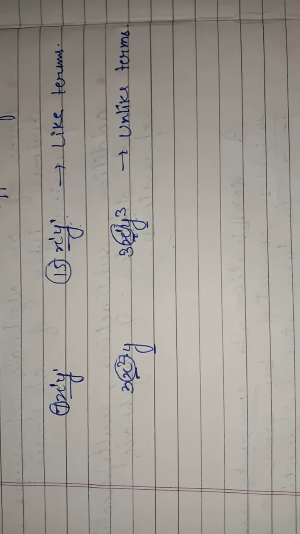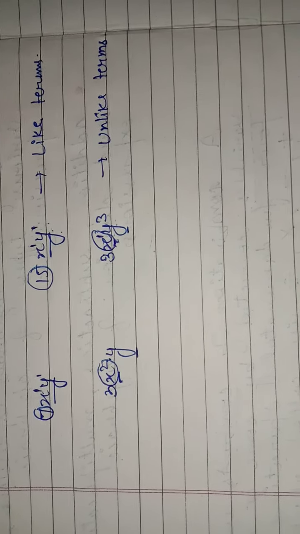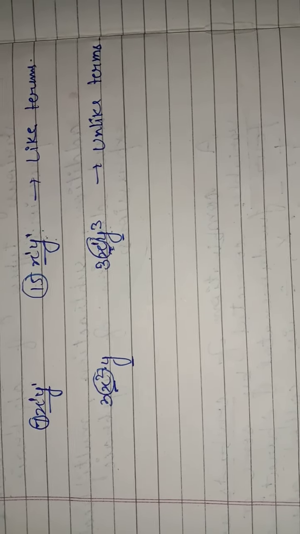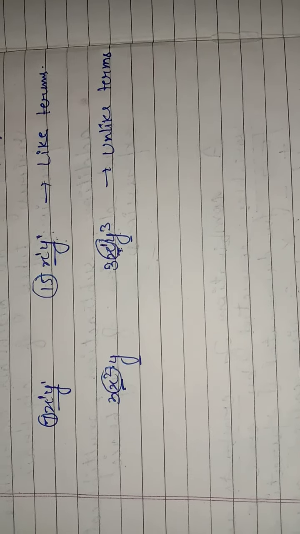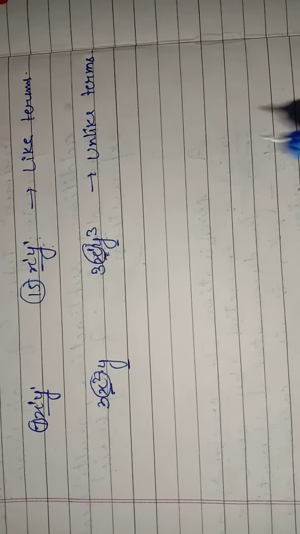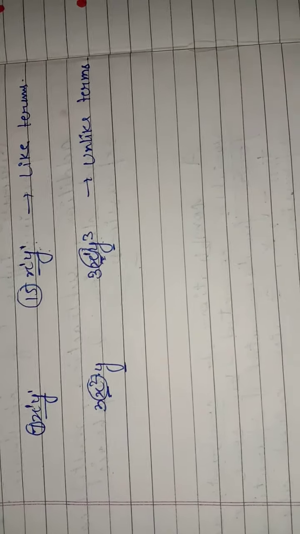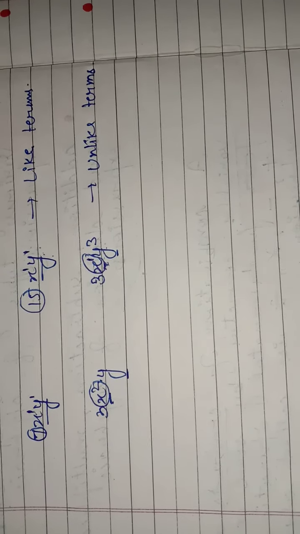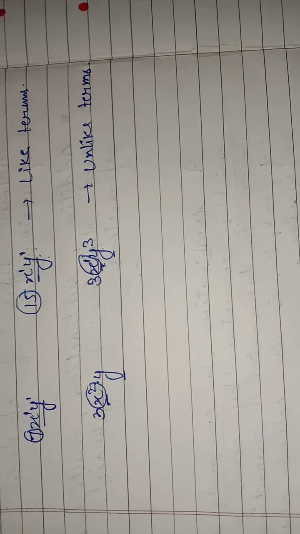Children, observe that we do not bother to check the power of y in each case. Remember, if the power of one of the variables is different, the terms become unlike.